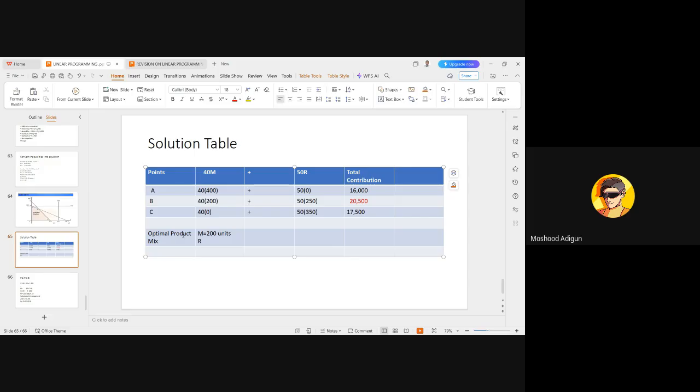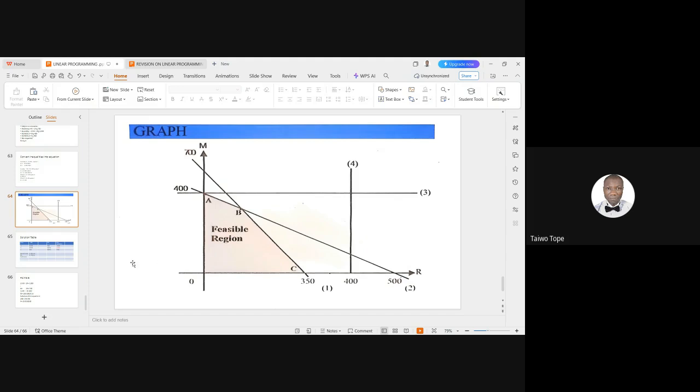So remember to take the contribution at the optimal product mix. So the profit will now be what?